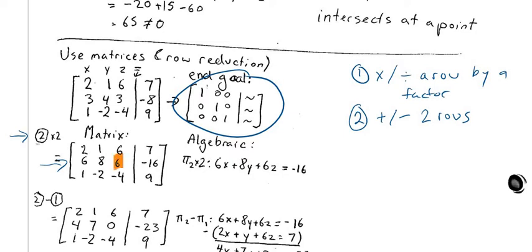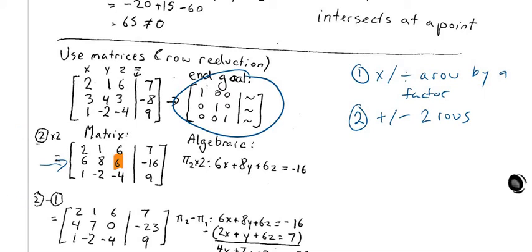So now that we have that, if we were to subtract those 2 equations, then that would work for us. So in the next step, we're going to take row 2 and subtract row 1.